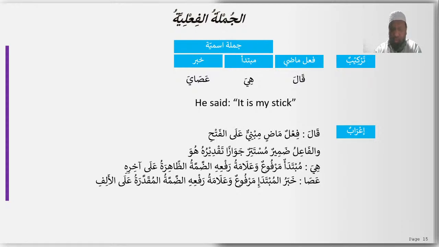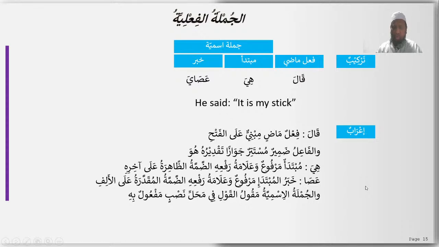So عصا خبر المبتدأ مرفوع وعلامة رفع الضمة المقدرة على الألف منع من ظهوره التعذر. So we've got a complete jumla now, jumla ismiya. So this jumla ismiya is called والجملة الاسمية مقول القول. And jumla has a slot في محل نصب مفعول به. So الجملة الاسمية مقول القول في محل نصب مفعول به of the فعل قال.